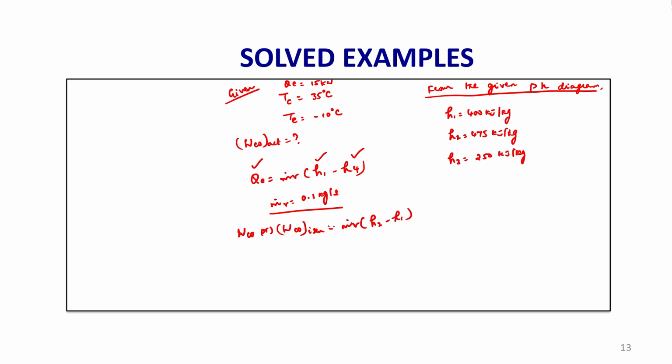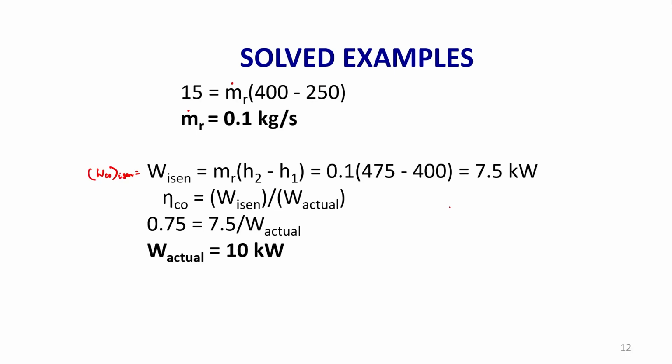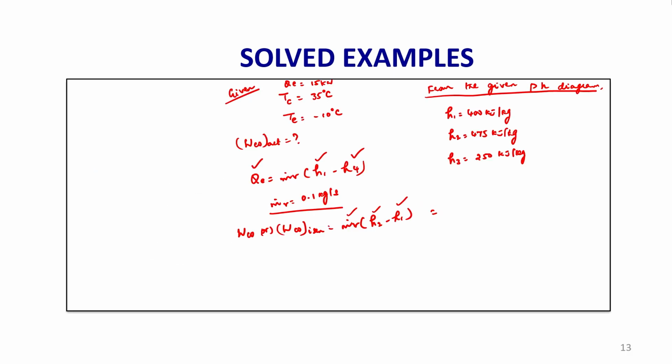If we don't know m dot r, we cannot find WCO in kilowatt, though we can find it in kilojoule per kg. All these values are known, so substituting, we get 7.5 kilowatt.